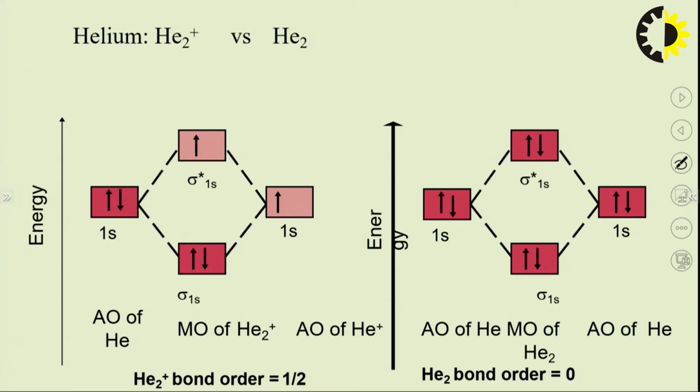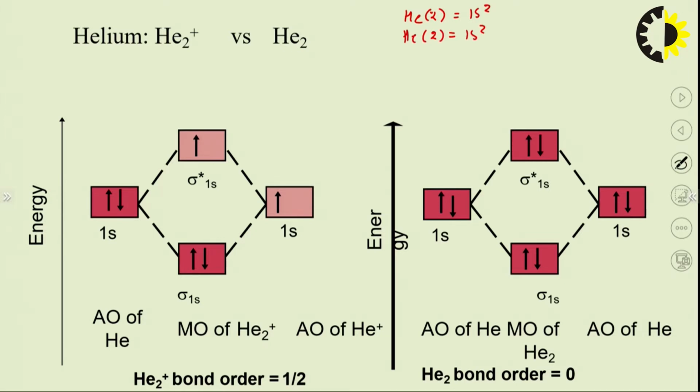So this is helium and helium-2. Just have a look at this also. For helium, we will write down the electronic configuration first. So this is 1s2, and another helium atom is also 1s2.